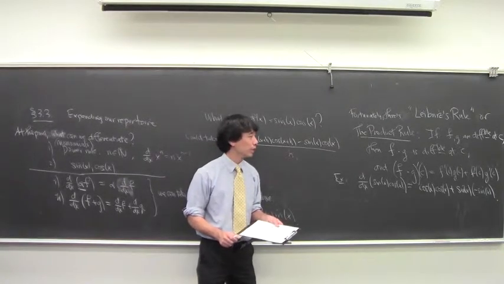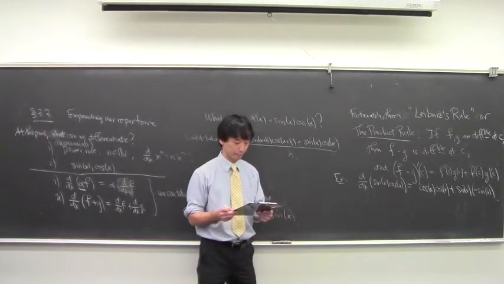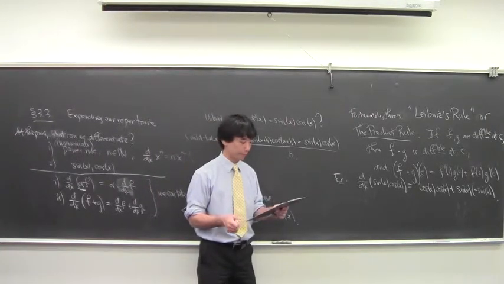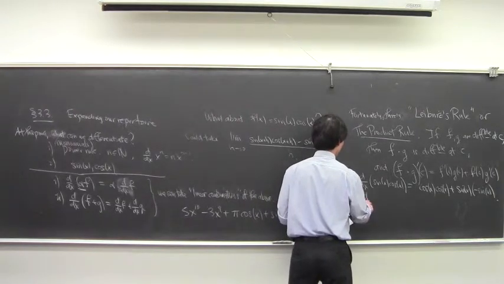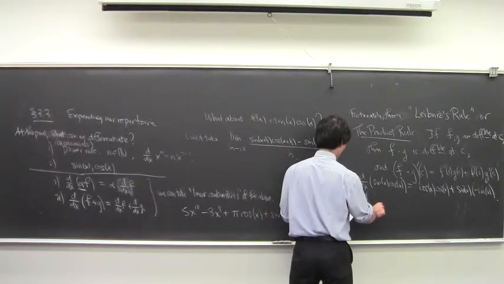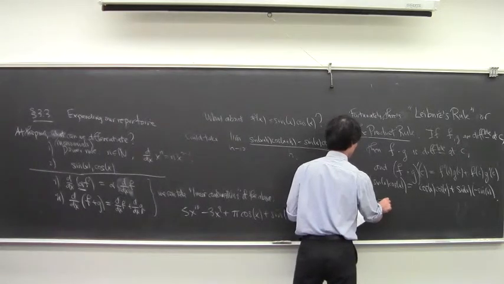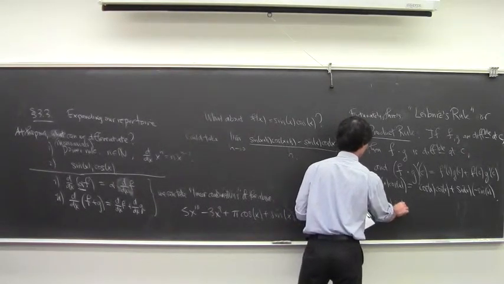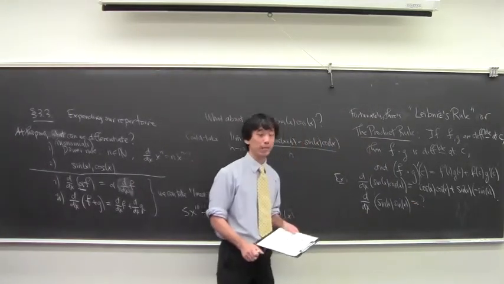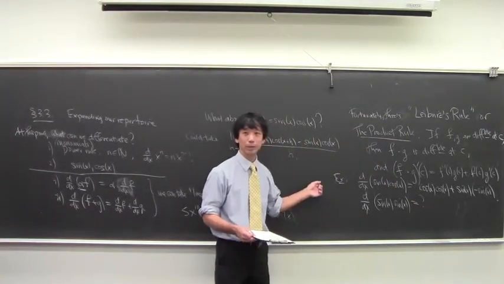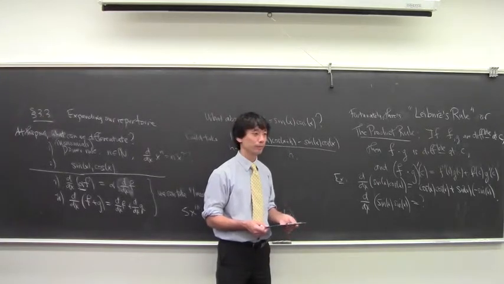So you get cosine squared minus sine squared. Or if I asked you to differentiate, say, sine x times sine x, take 1 minute or 30 seconds and write down what you'll get using this rule.